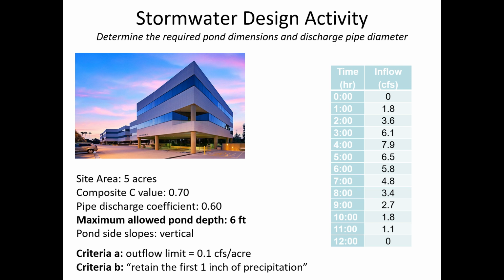One set of rules says that your outflow can be 0.1 CFS of discharge for every acre that's developed. And then a different ordinance. So that first ordinance, criteria A, is a statewide ordinance. And criteria B, which is a city ordinance, says that you have to completely hold on to the first inch of precipitation with no outflow.